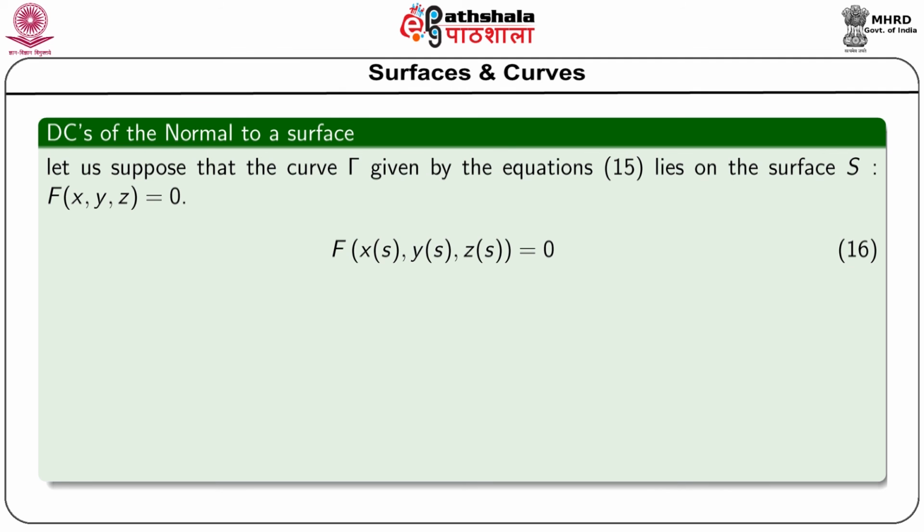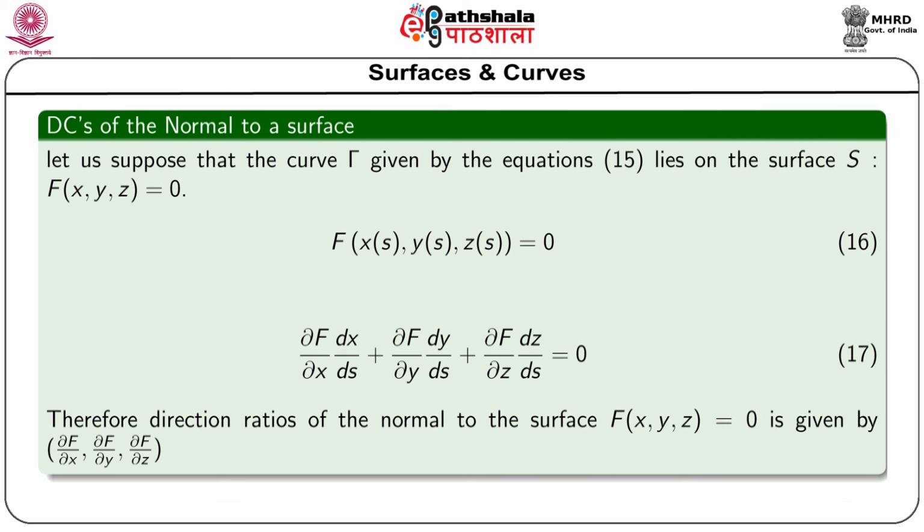That means the coordinates of any point on the curve gamma will satisfy the equation of the surface. So, F(x(s), y(s), z(s)) equals 0. Since gamma lies entirely on surface S, this equation will be satisfied for all values of s. Now, taking derivative with respect to s, we get relation 17.